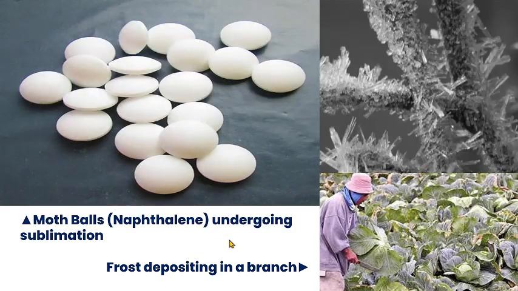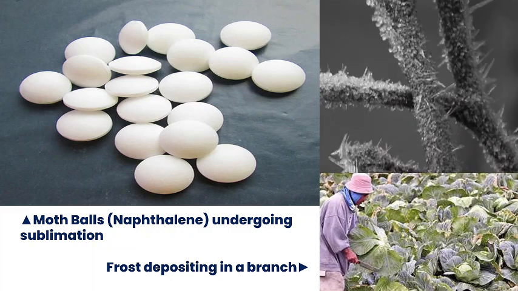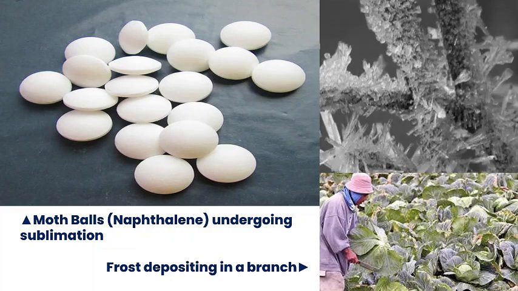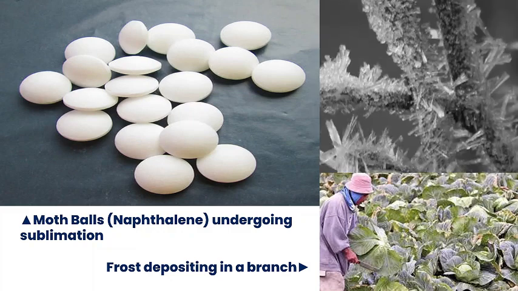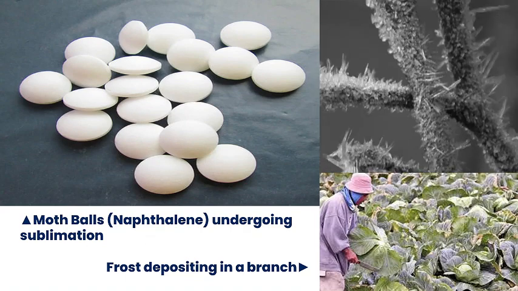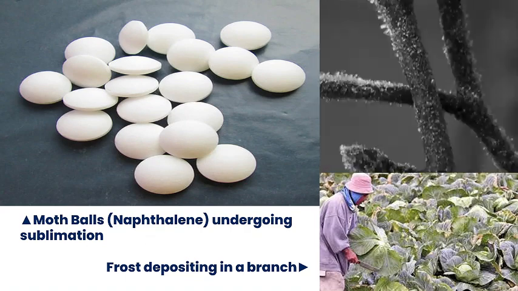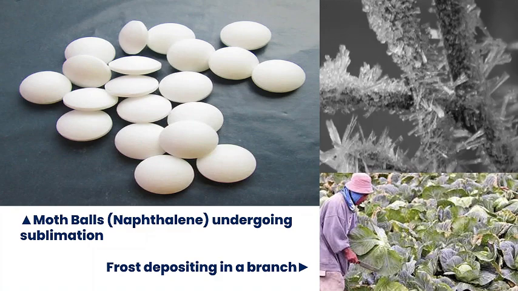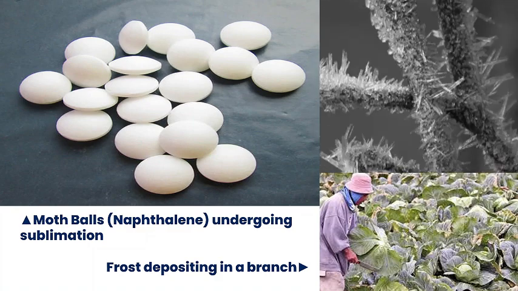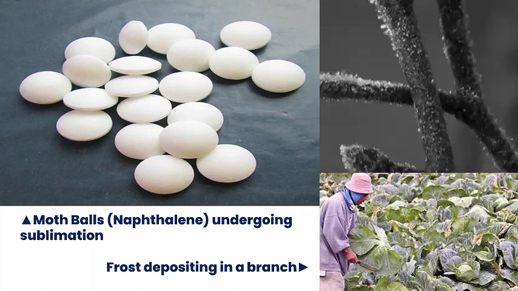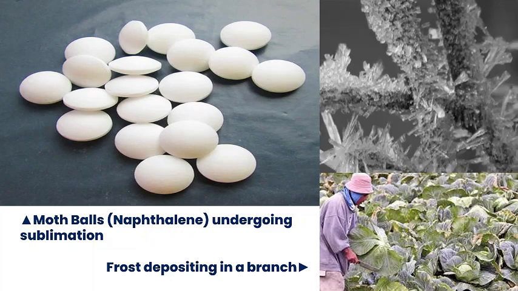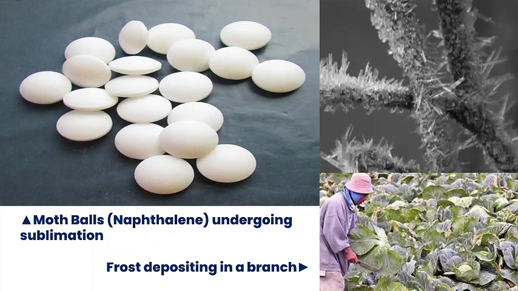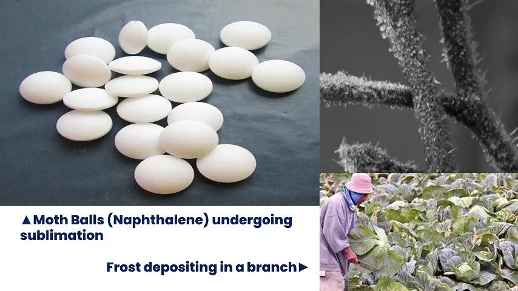Another process is called sublimation. Sublimation is direct conversion or transformation of solid into gas. Have you seen mothballs? Or do you have mothballs at home? In chemistry, we call them naphthalene balls. So do you wonder why mothballs suddenly disappear after a week?